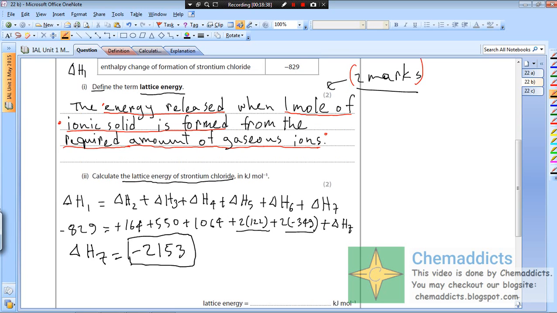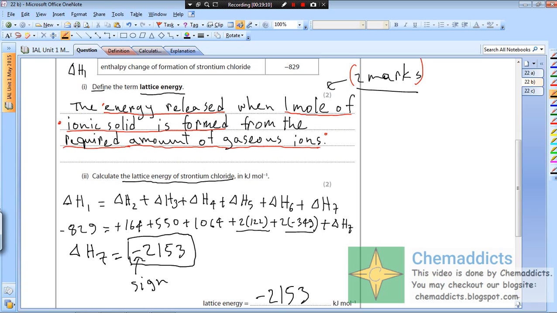We didn't round this up since they didn't mention the significant figure in the question, so we didn't find it necessary. We are just keeping it like that. And don't forget to mention the sign. Sign is really important for this type of question. Okay, so the answer would be minus 2153.